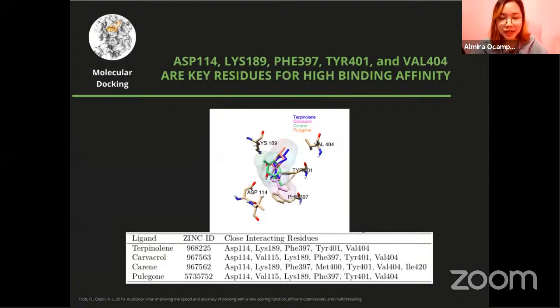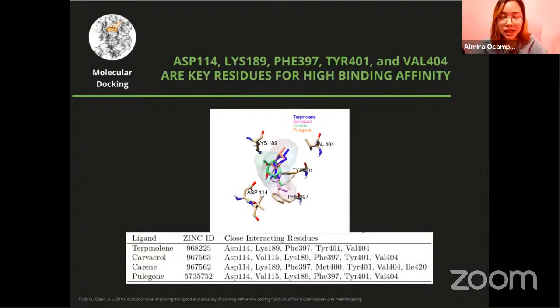Meaning sila po yung pinakamadalas na pinakamalapit na nag-interact with our monoterpenes doon sa area kung saan natin siya nakitang nag-bind. Okay? So these results show that a hydrophobic or water-fearing motif is what makes the binding favorable because the interactions were majority hydrophobic fragments.